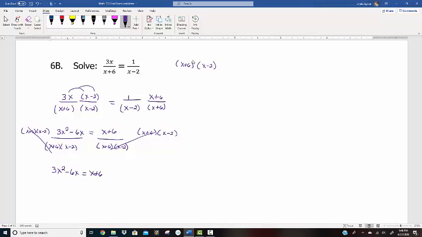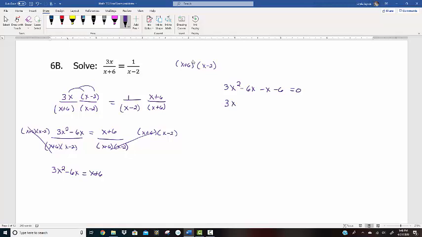So once I'm left with that, now I can go ahead and combine my equations on one side. 3x squared minus 6x, then minus x minus 6 equals 0 because it's a quadratic.